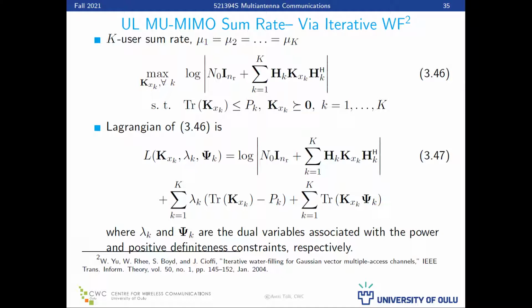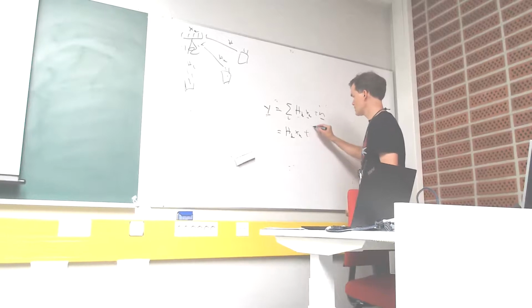Well, in general, the summation over all the users K plus noise. So we can obviously write this from a user K perspective, right? So we can separate user K plus all the other users.